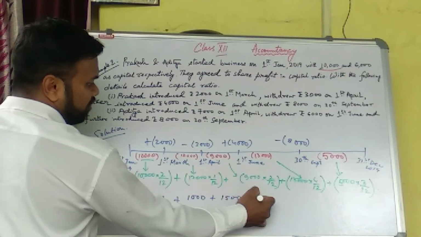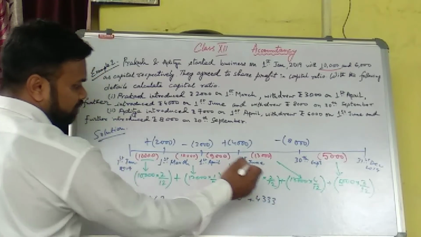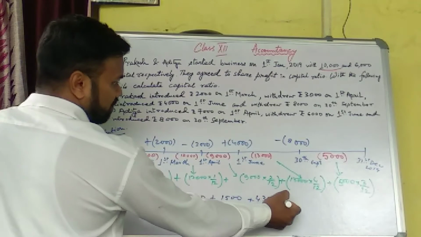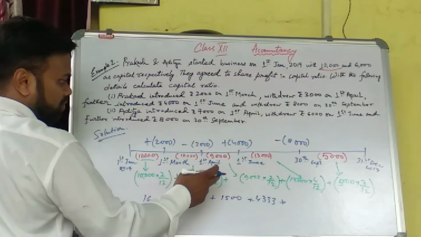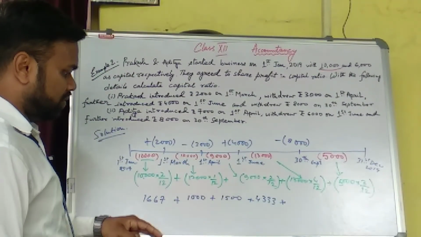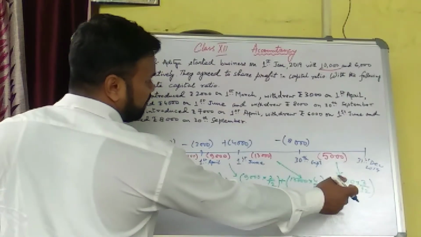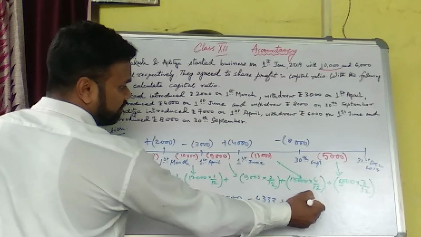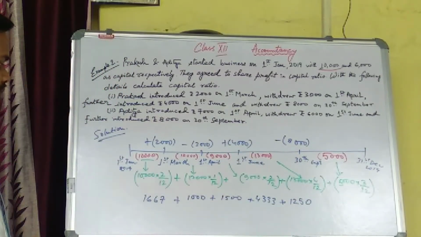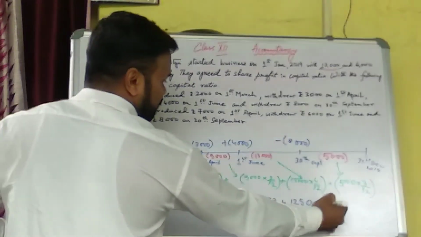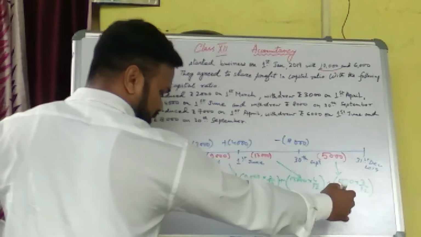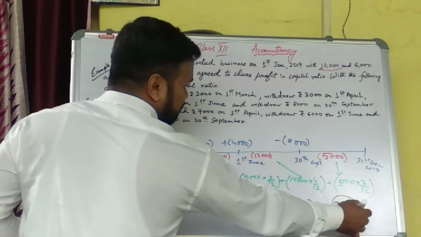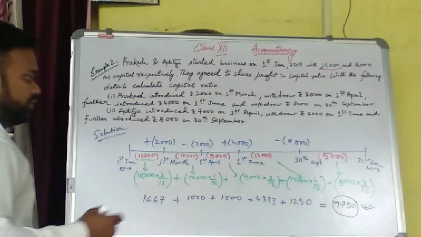Again we have to round off the number, 4,333. And lastly, 5,000 divided by 4, that is 1250. Now what is the total? The total of these numbers is 9750.